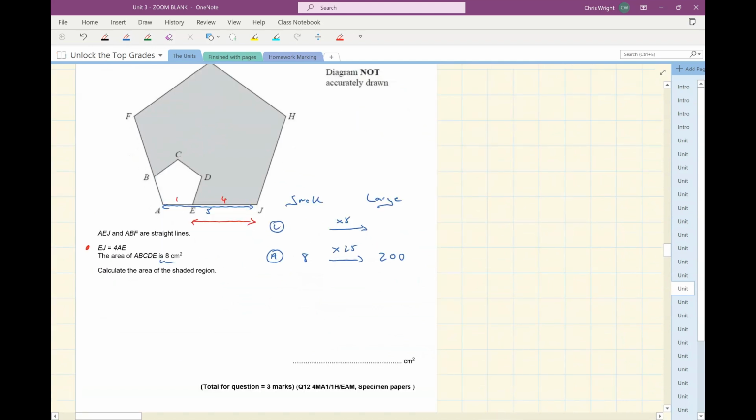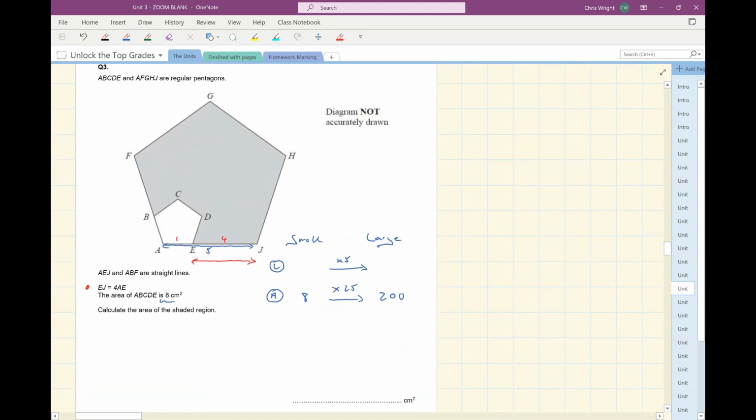Well, it doesn't, because the question is calculate the area of the shaded region. Okay, well, the area of the shaded region is the area of the large pentagon, 200, minus the area of the small pentagon, 8. So the area of the shaded region is 192 square centimetres.